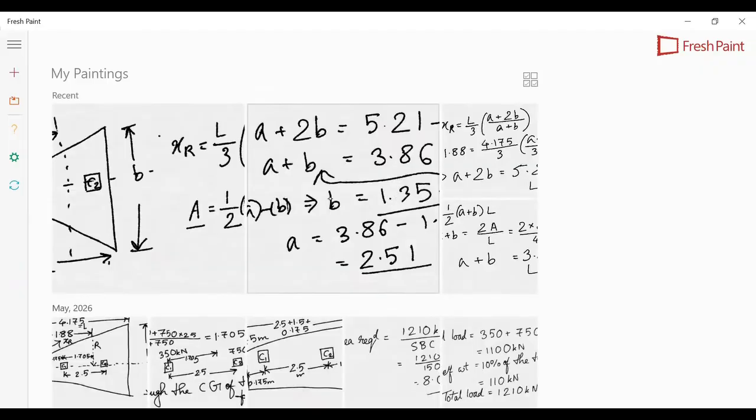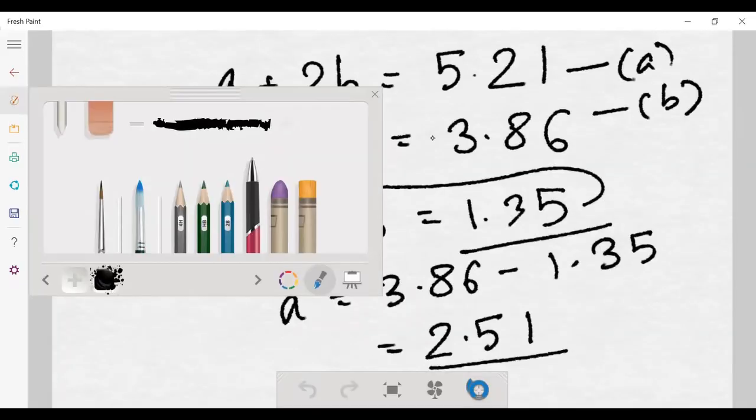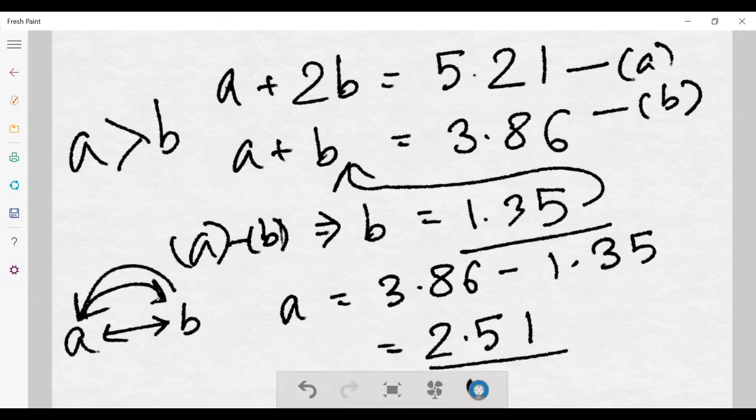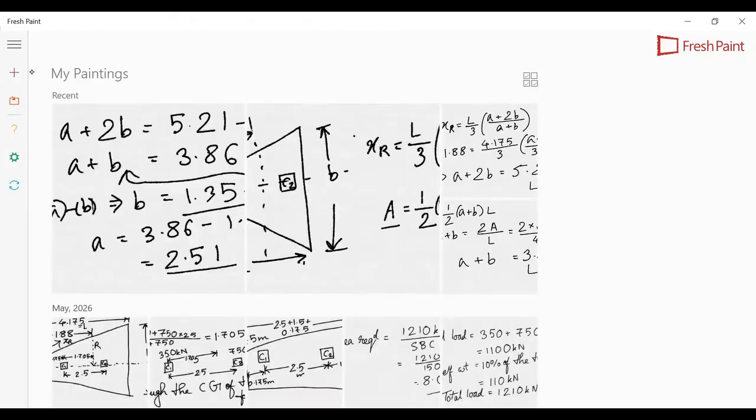It is contradicting our assumption, so we flip the values and exchange A and B. I take A as 1.35 and B as 2.51.